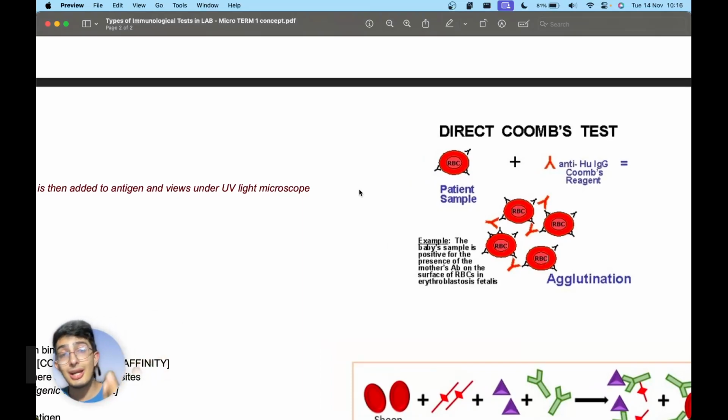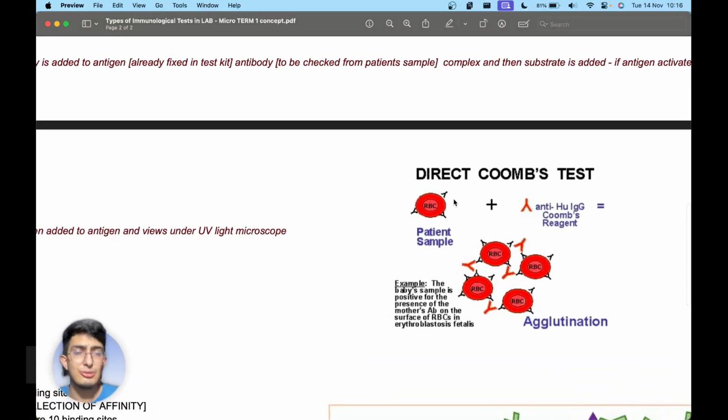So, for example, the child has RBCs that have antibodies attached to them, right? But there might be some self-reacting antibodies that can't find an RBC in the child's blood and are not attached to an RBC. In order to detect these self-reacting antibodies present in the child who has hemolytic anemia, but are not bound with RBC because they can't find any RBC, to detect free antibodies, we do something called the indirect Coombs test.